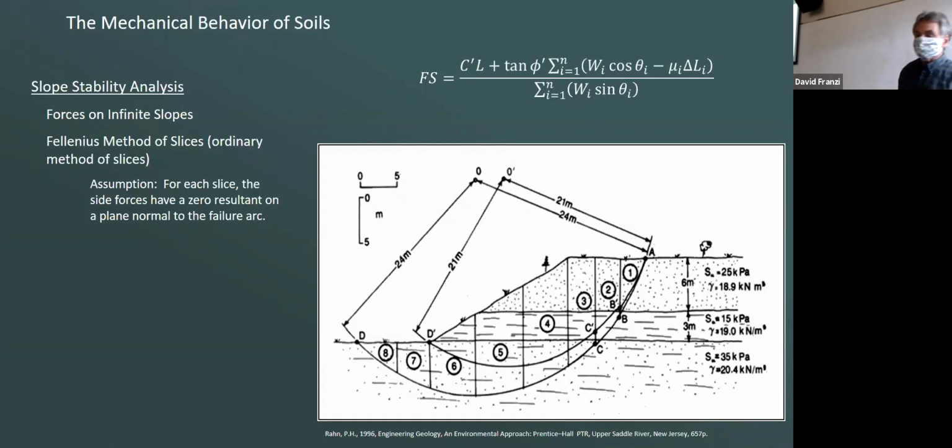We assume that the slide is going to rotate around some circle center up there in the air, cross these boundaries and emerge over here. So for that circle that has a 24 meter radius, we're going to go through and calculate the factor of safety.